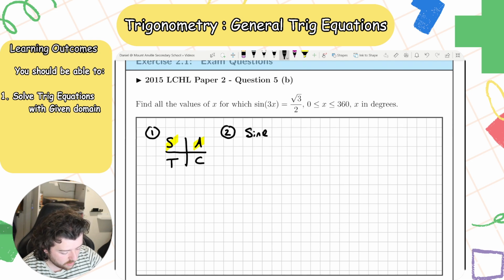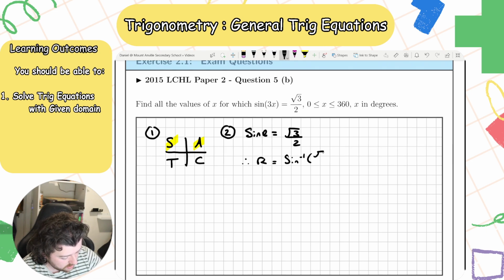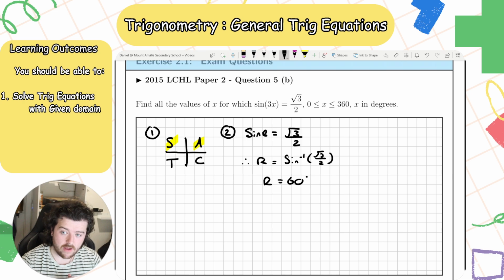Sine of my reference angle is equal to root 3 over 2, so my reference angle is going to be sine inverse of root 3 over 2, which is equal to 60 degrees. So that's my reference angle.